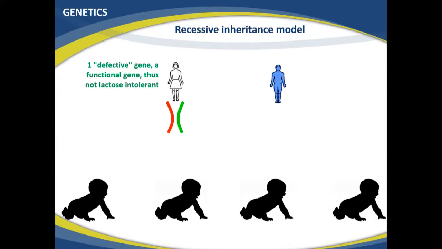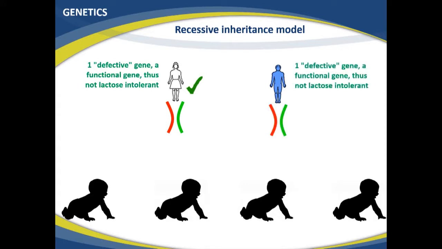It's enough for the body to know how to digest lactose, because this gene can take over the function for both. So people like that, we call them carriers. They have one genetic variation which disables it, the other one works, and they are lactose tolerant. They can drink milk.